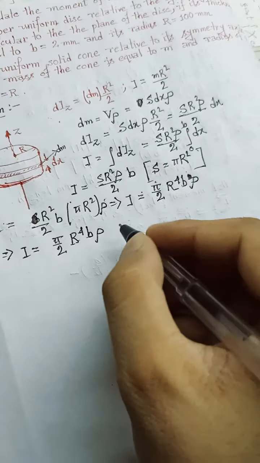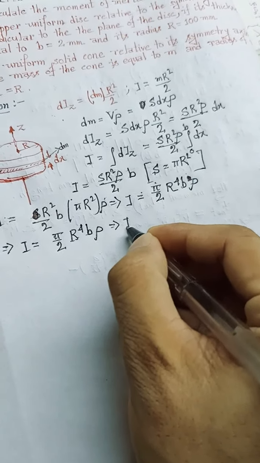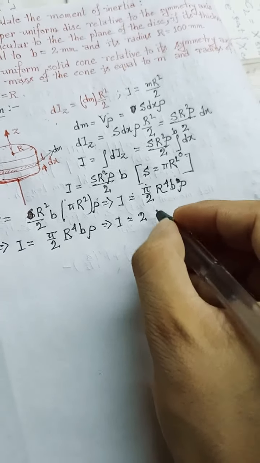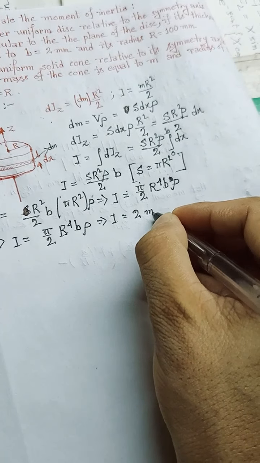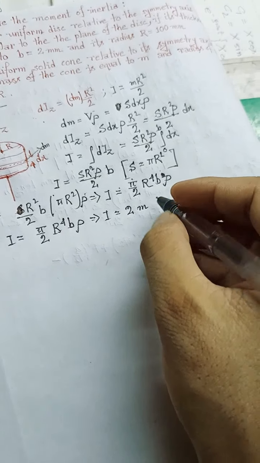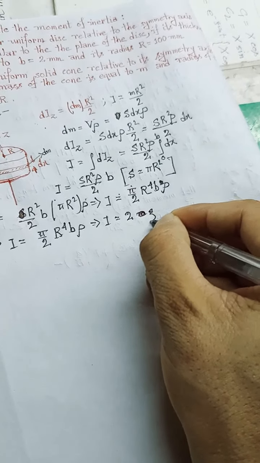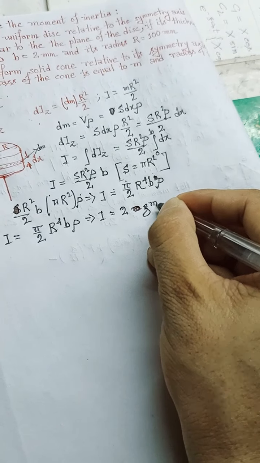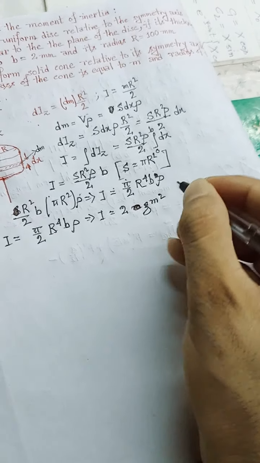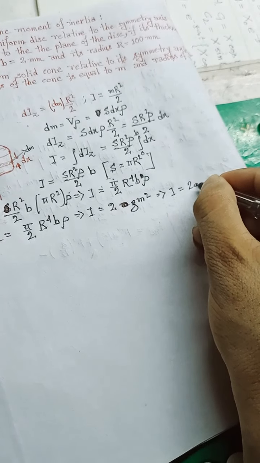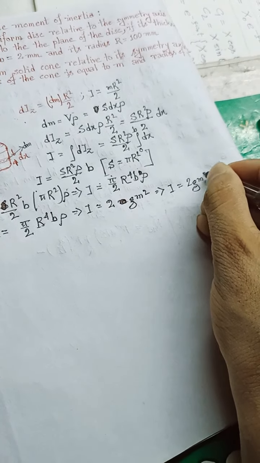By calculating, we get the moment of inertia equal to 2 gram square meter. So our moment of inertia will be I equal to 2 gram per square meter.